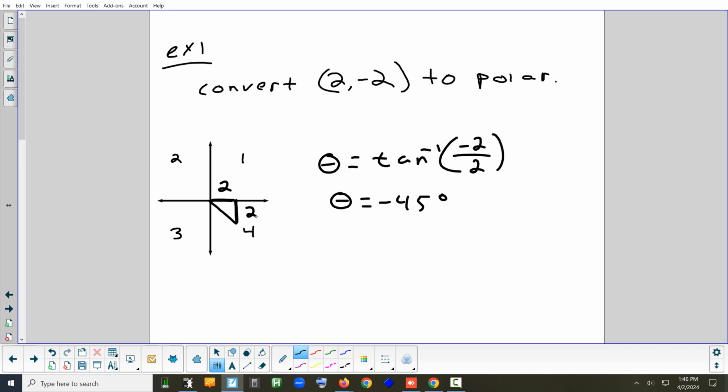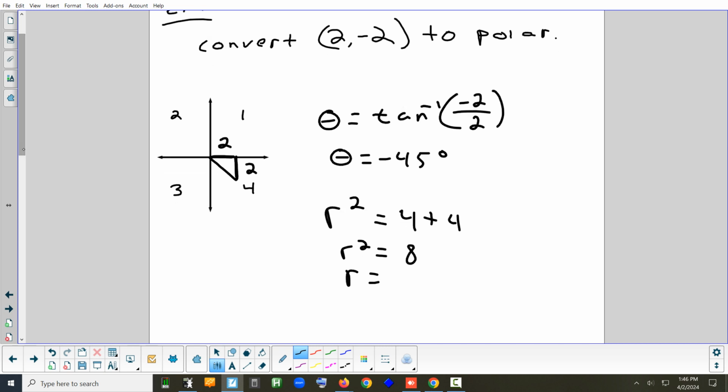So if you use the Pythagorean theorem, what would the right-hand side look like when you set that up? 4 plus 4. So 2 squared plus 2 squared. So that's going to give me 8. So that's the square root of 8.